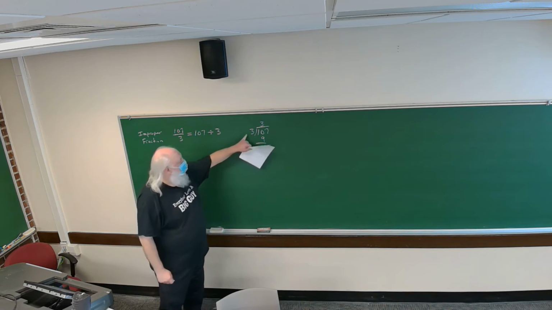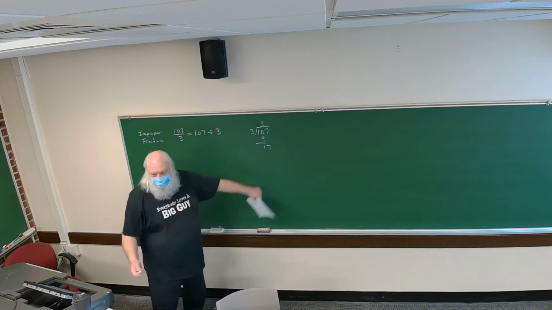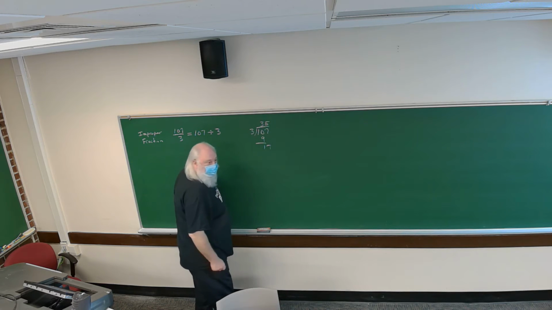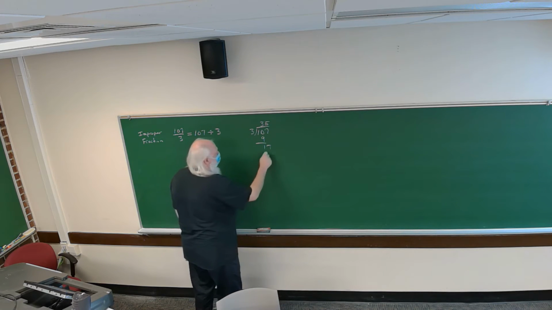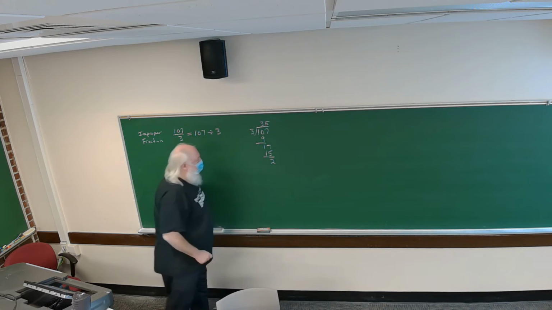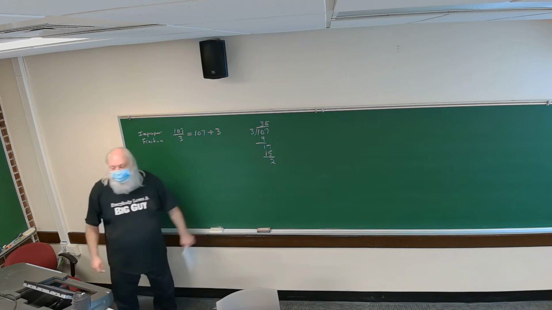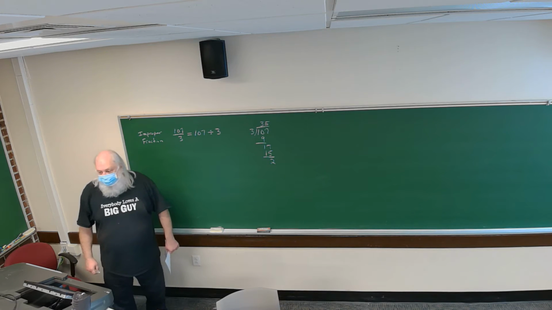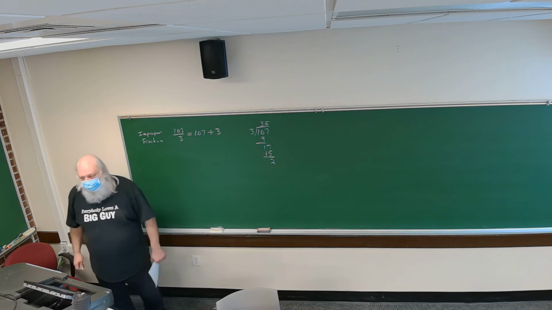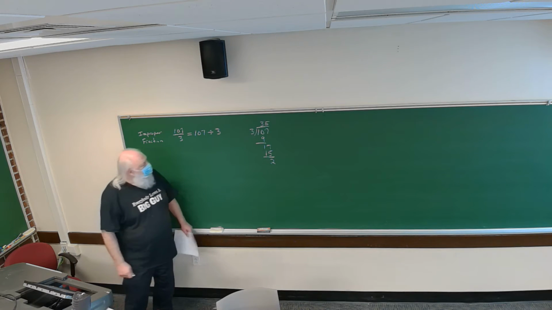And now 3 goes into 17 5 times. Put 5 up there. 5 times 3 is 15. And 17 minus 15 is equal to 2. Does anybody have a faint memory of seeing this somewhere in grade school once upon a time? Okay.